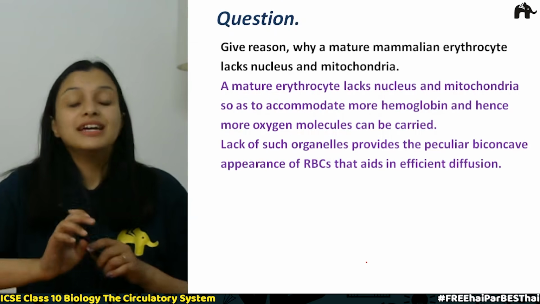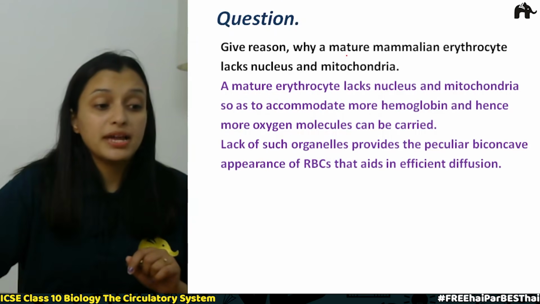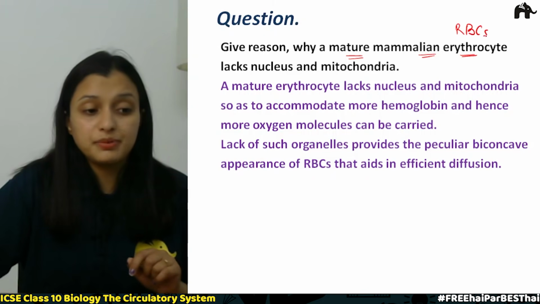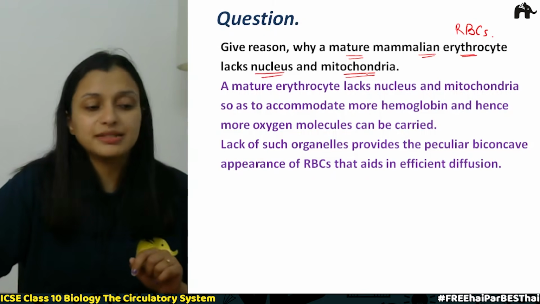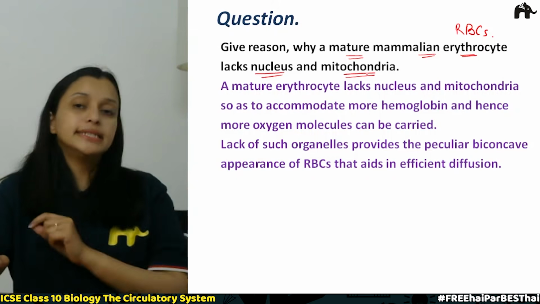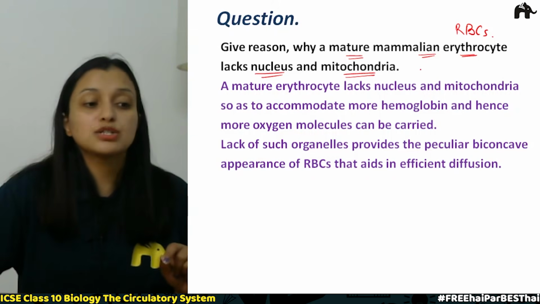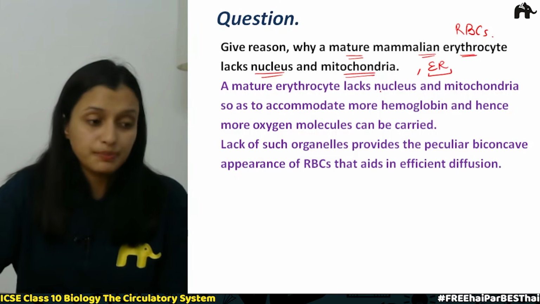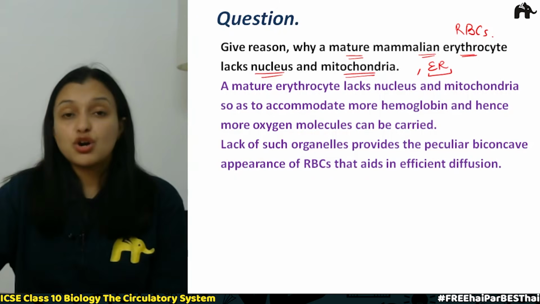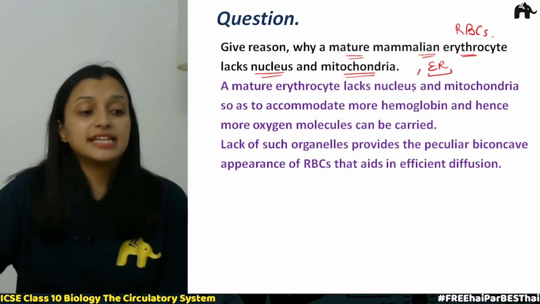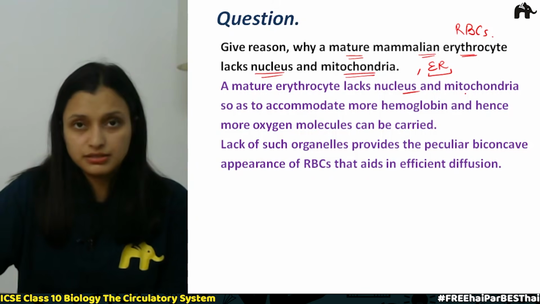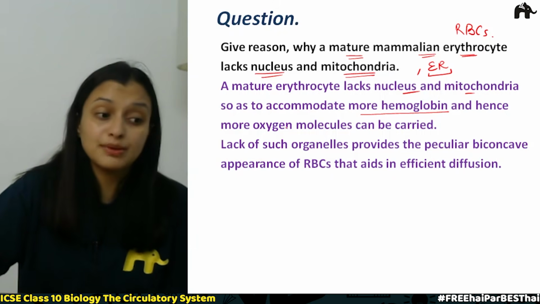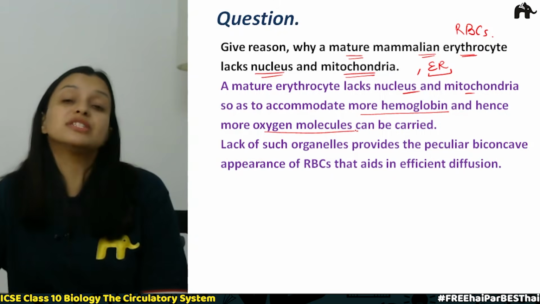The next question is give reason why mature mammalian erythrocytes, so we are talking about RBCs, lack nucleus and mitochondria. We studied it in very detail. There is one more organelle that is absent, that is endoplasmic reticulum. Since these mature erythrocytes lack mitochondria and nucleus, they can accommodate more hemoglobin, and this hemoglobin can carry more oxygen molecules.